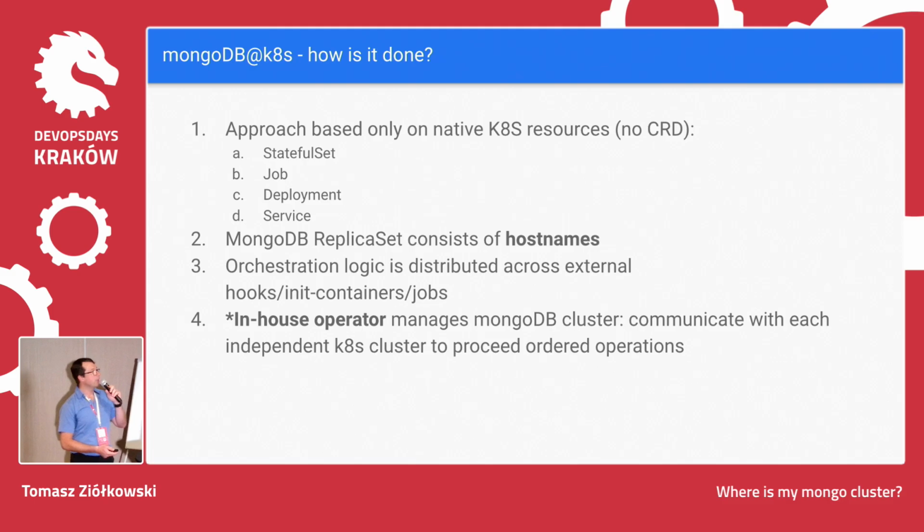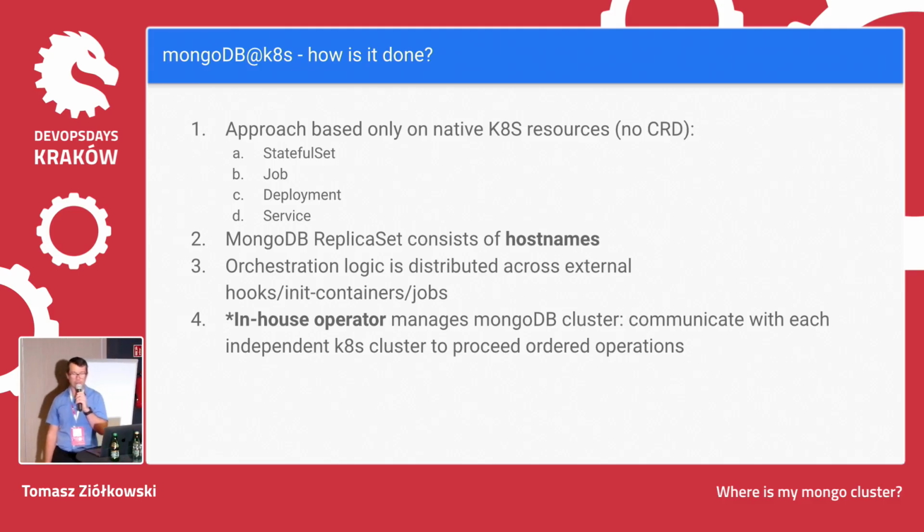So to do that, we use an approach based on native Kubernetes resources like stateful sets, services, jobs and deployments, but the stateful sets and services are the most crucial here.